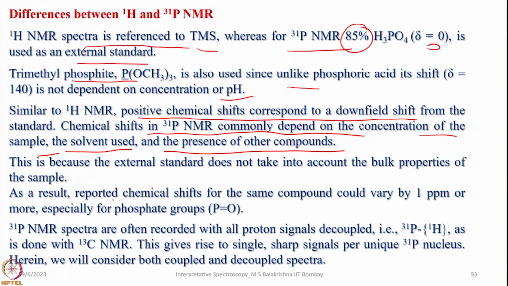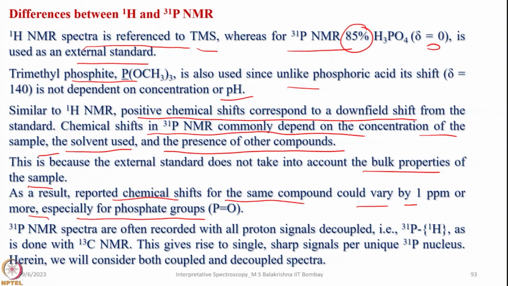As a result, the reported chemical shifts for the same compound could vary by 1 ppm or more, especially for phosphate groups, whenever we have a pentavalent phosphorus with a P double bond O. For the same sample, if you record, there can be some variation because of homogeneity problems and other things, as I mentioned here. Since the bulk properties are not considered, it can show this kind of variation.